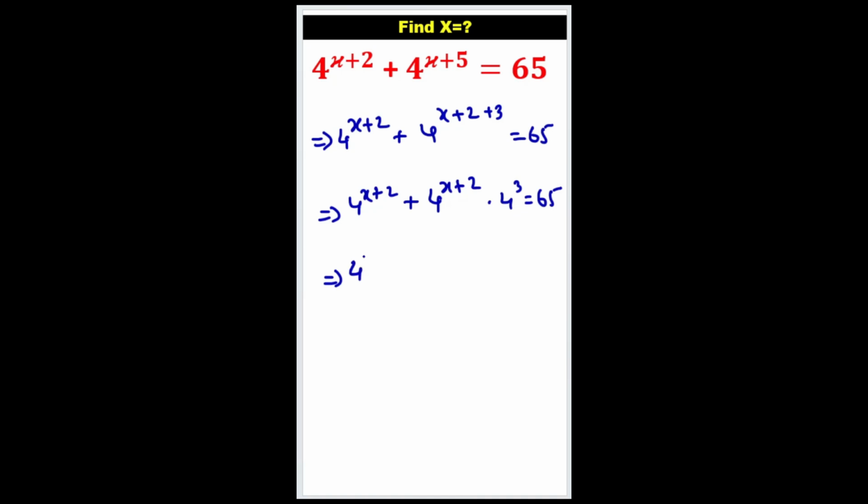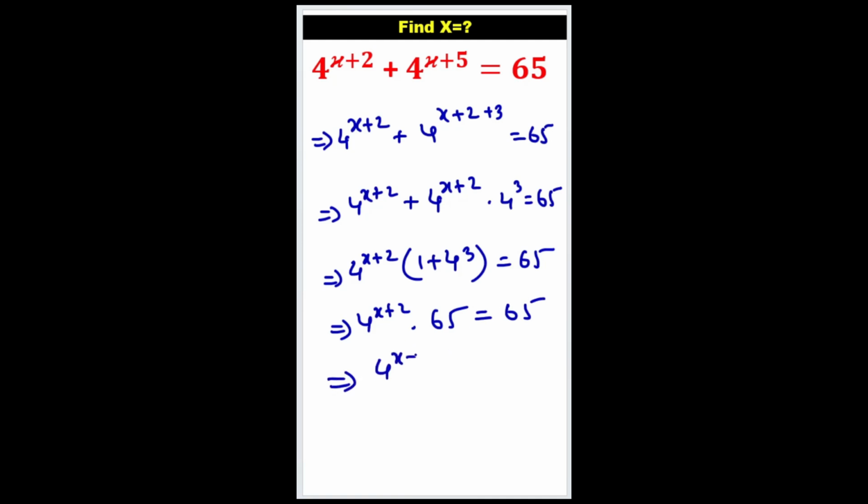If we take common 4 to the power x plus 2, we can write 1 plus 4 cube equals 65. So here is 4 to the power x plus 2 into 4 cube means 64 plus 1, 65, equals here is 65. If we divide both sides by 65, we will get 4 to the power x plus 2 equals 1, and we can write 1 as 4 to the power 0. So here is x plus 2 equals 0, so x equals minus 2.